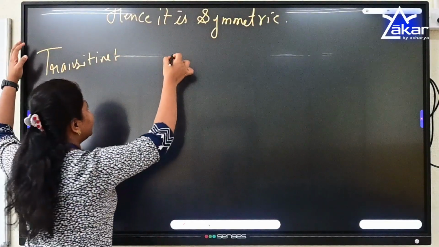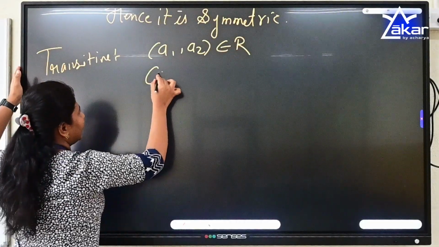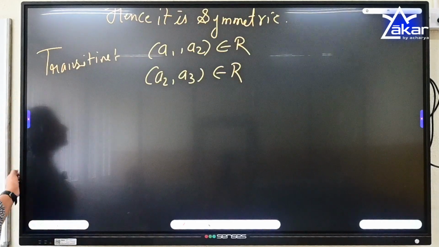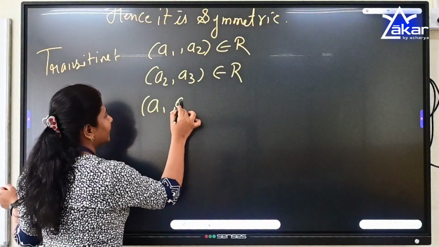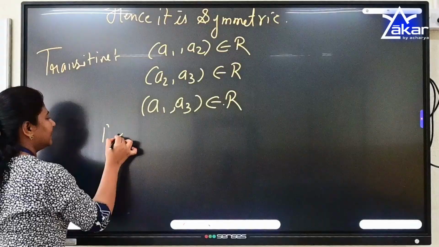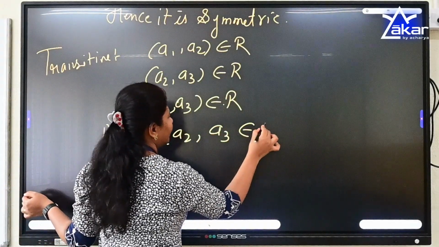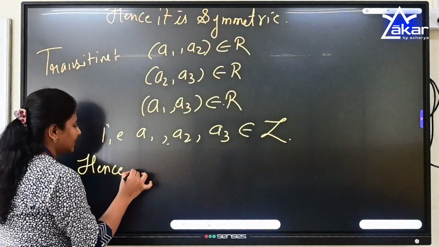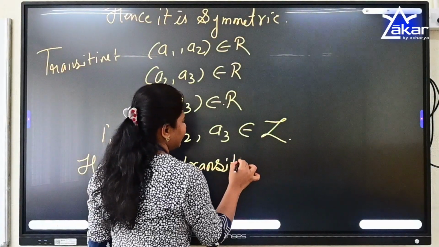According to the transitive condition here, if A1 comma A2 belongs to R, then A2 comma A3 belongs to R. If both belong to the integers Z, we can say A1 comma A3 also belongs to R. That is, A1, A2, A3 belong to the set Z, hence it is transitive. The condition is proved here.